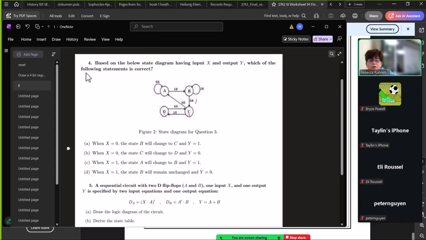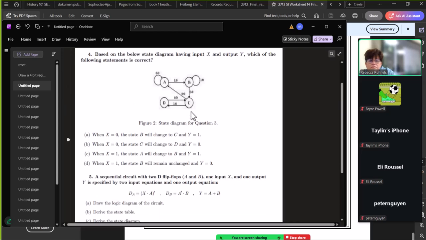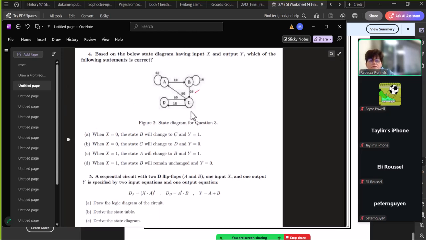I'll make it Mealy. 1. 1, 0, 0, 1, 0, 0, 1. Oh, I see what I did. I didn't put the slashes in there.